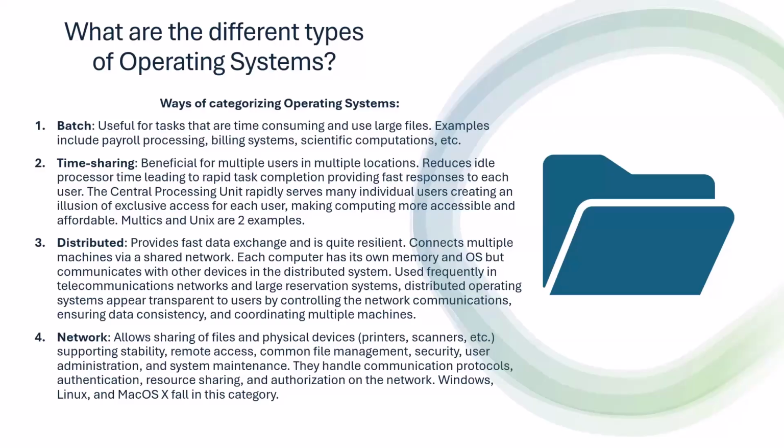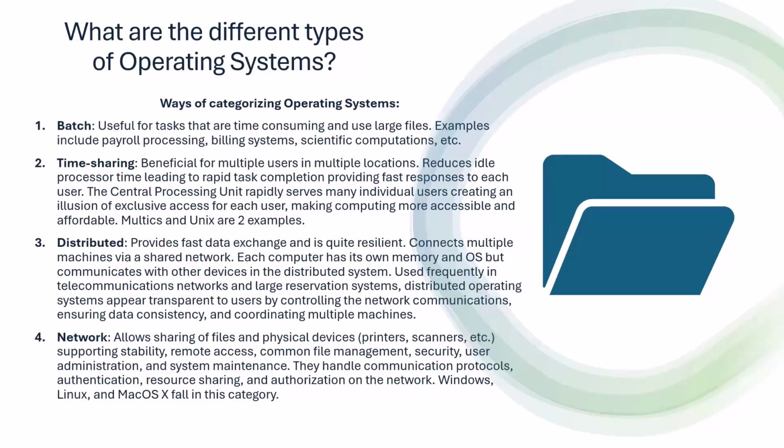It's used frequently in telecommunication networks, airline reservation system, things like that. And they appear transparent to the users controlling the communications. It ensures data consistency and it coordinates all those different computers that are connected.